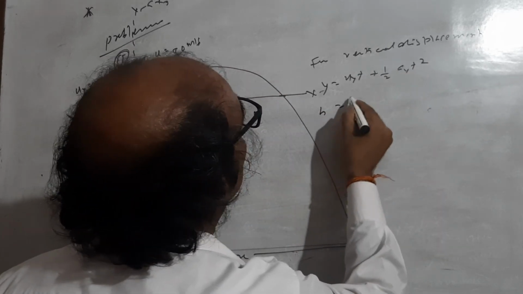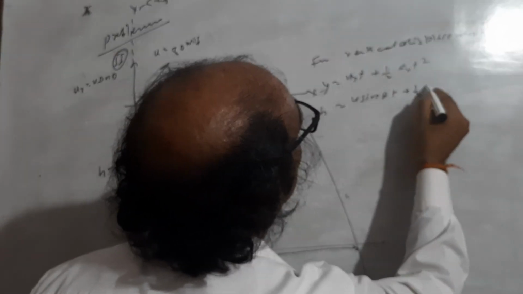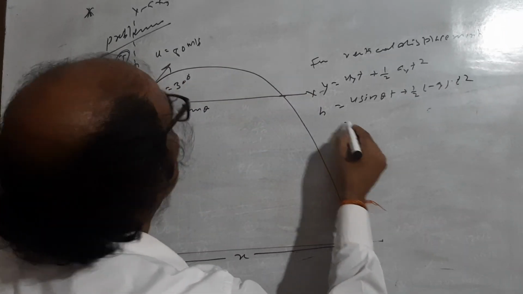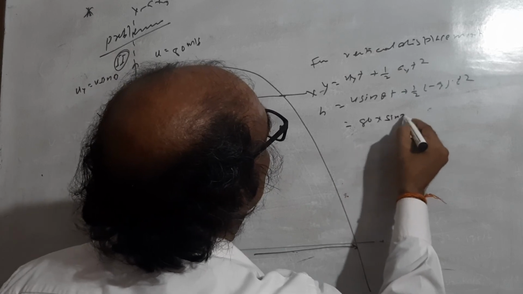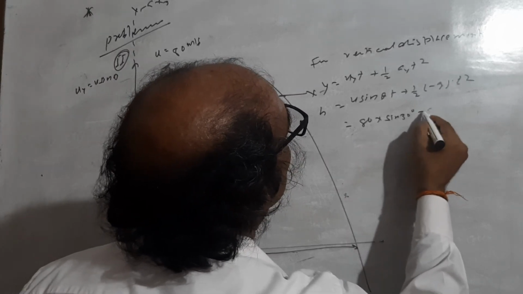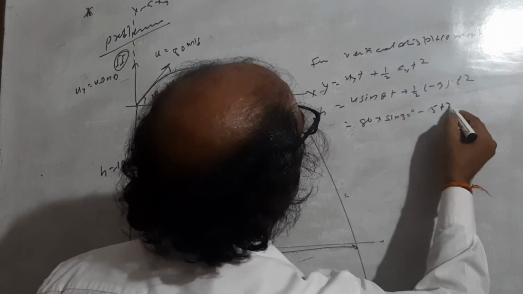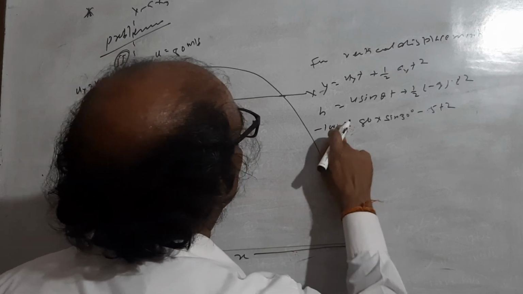Y means height of the tower, uy means u sin theta t plus half minus g into t square, and u equal to 80 sin 30 degree, plus minus 10 by 2, 5t square, and height equal to minus 100 meter.